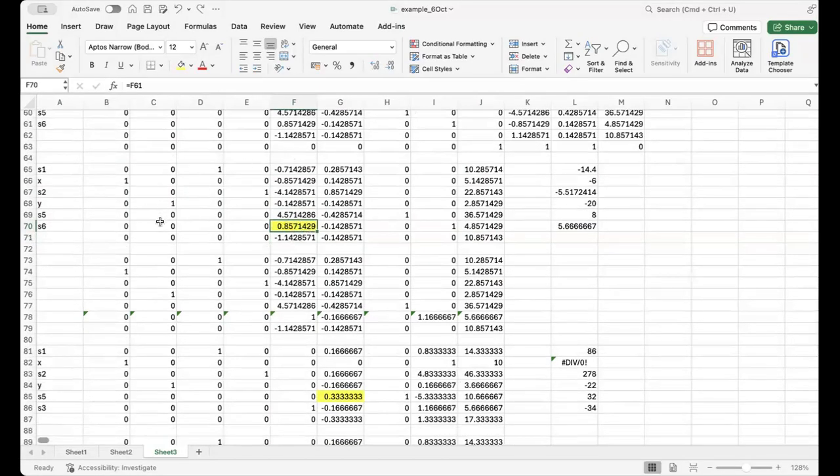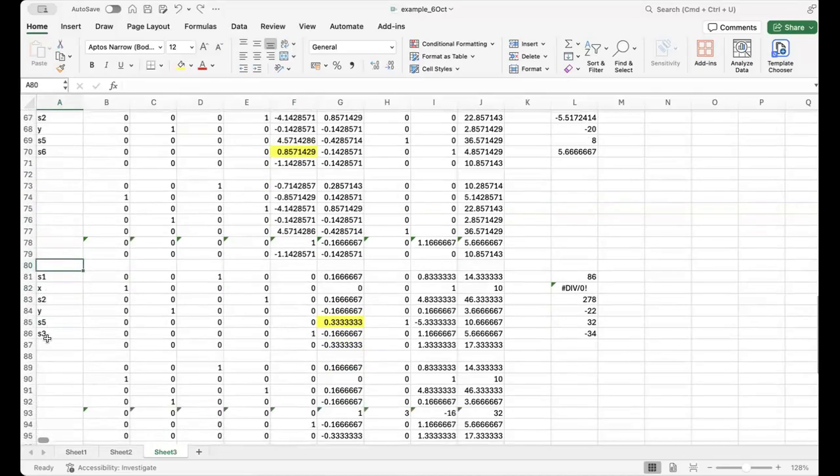We introduce S3 and we remove S6 from the basic variables. Then the next round we have basic variables S1, X, S2, Y, S5, and S3.